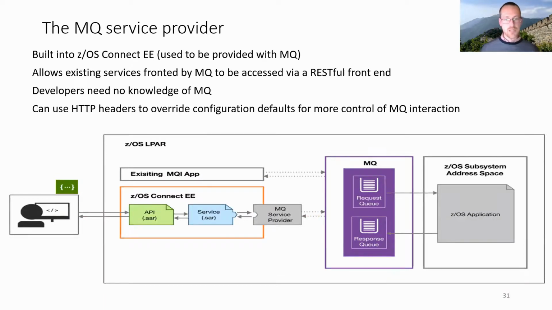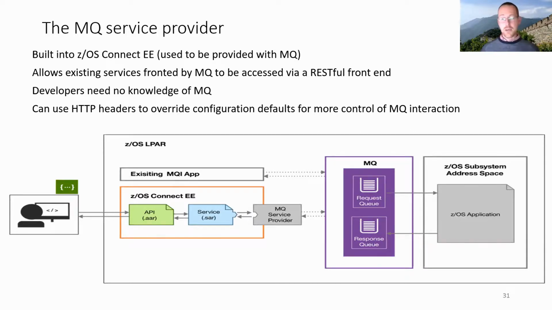So the MQ service provider is the piece of glue that interacts between z/OS Connect and MQ. It provides the ability to talk to the MQ queues, and it hides the fact from the REST API that it's actually interacting with an MQ queue at all. So the REST API caller doesn't know it's dealing with MQ. It's just using a REST API, and z/OS Connect and the MQ service provider do that mapping between the two for them.